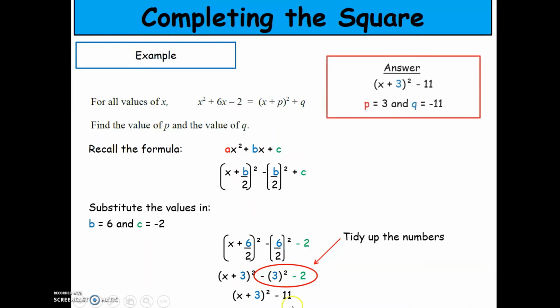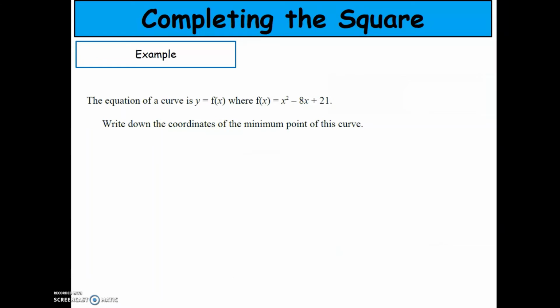Now we can identify the value of p as equal to 3, and we can identify q as minus 11 in this case. I hope you understand now how to apply the completing the square method. This is the first example.